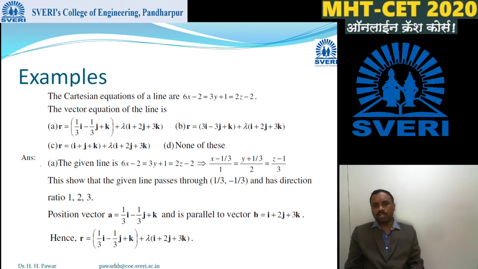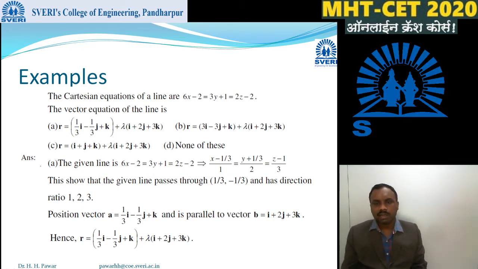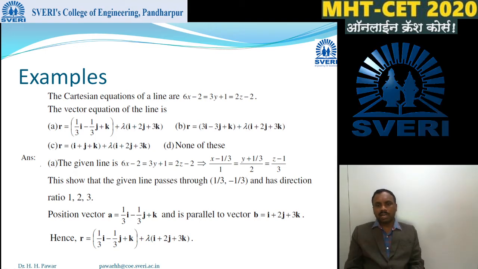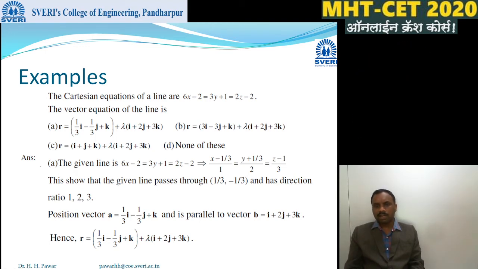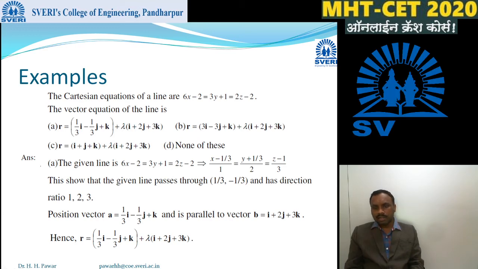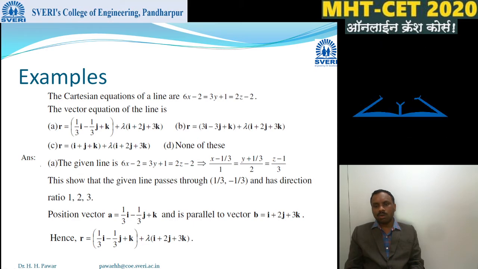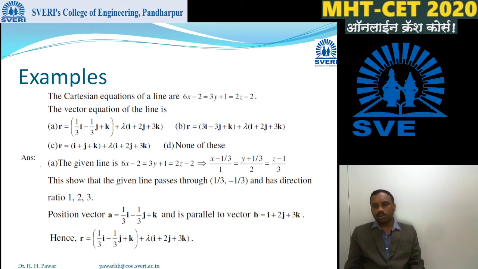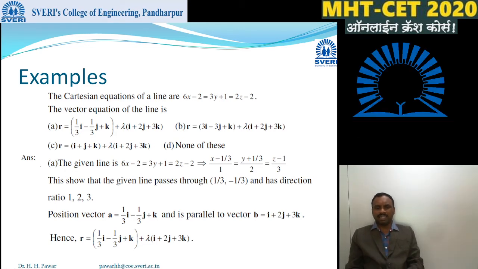The given line is 6x minus 2 is equal to 3y plus 1 is equal to 2z minus 2. Take 6 common from all of these, and we get (x minus 1 by 3) divided by 1, then (y plus 1 by 3) divided by 2 is equal to (z minus 1) divided by 3.